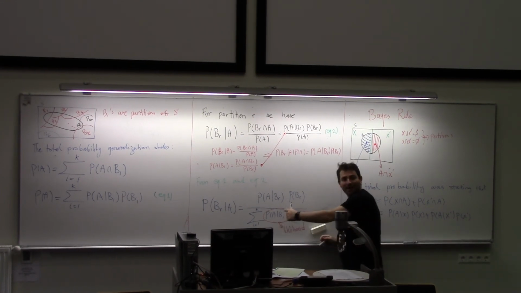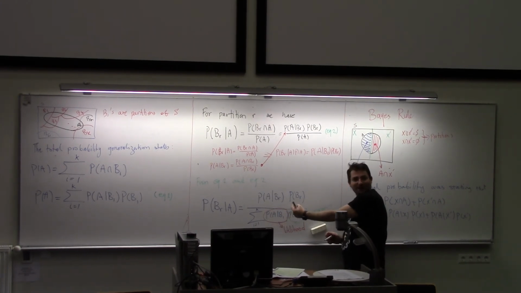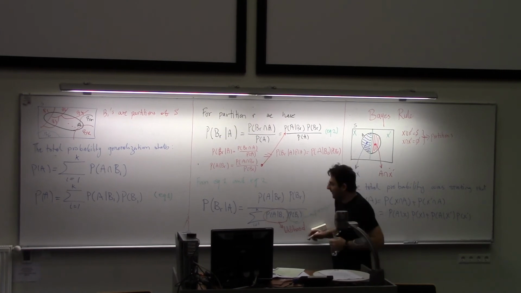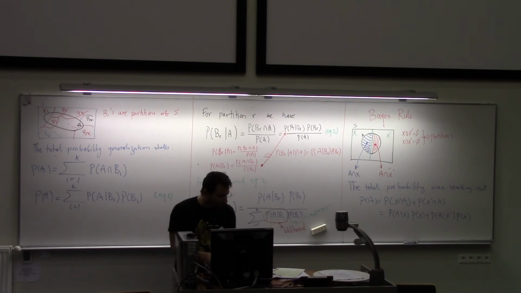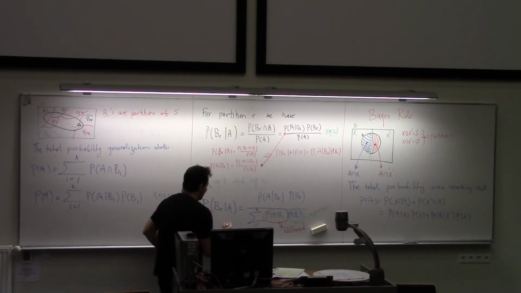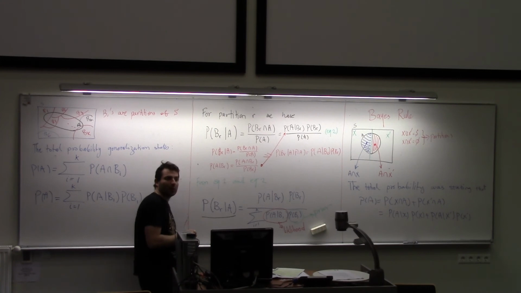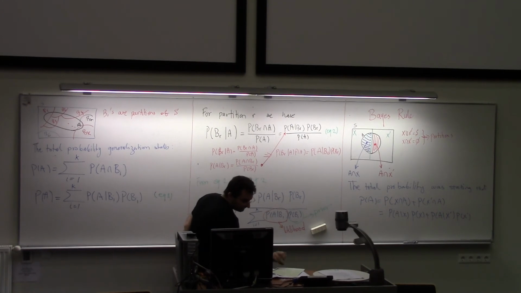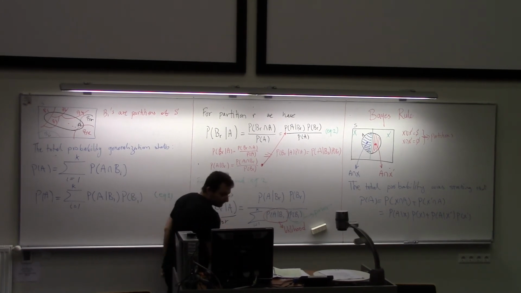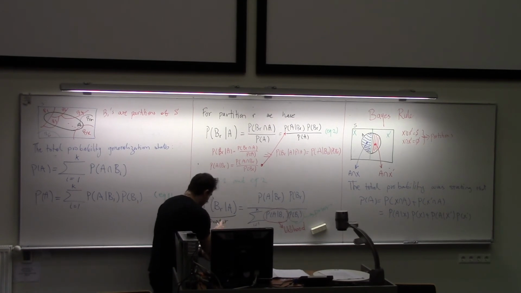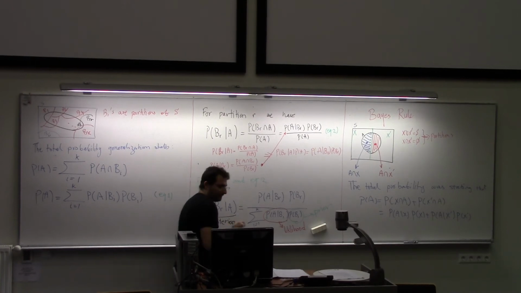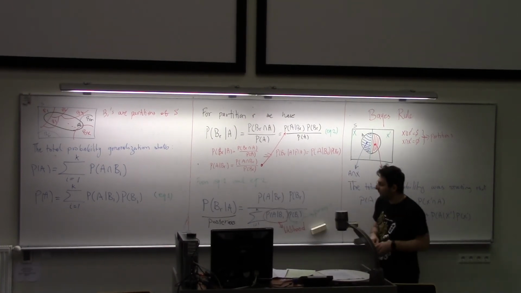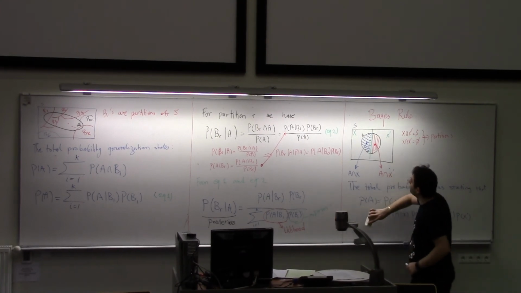So if this value is high, it means that A is very similar to Bi, so the likelihood value is higher. And the probability of BR given A is called the posterior.